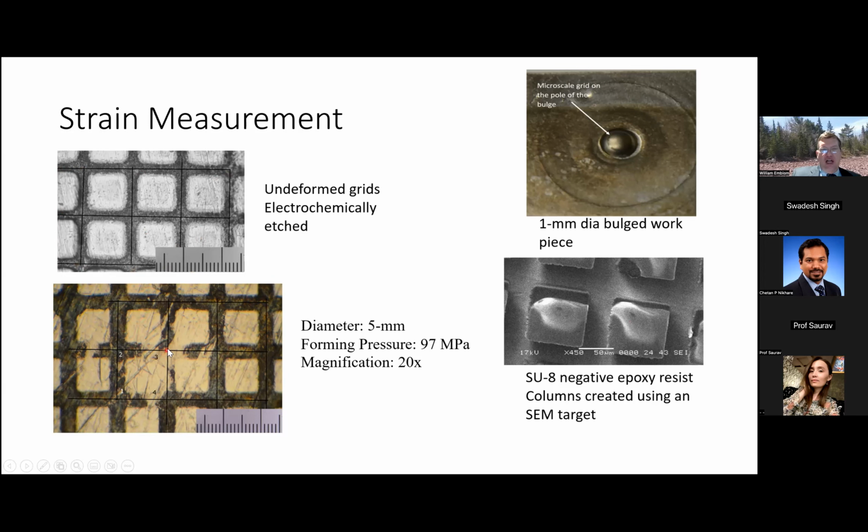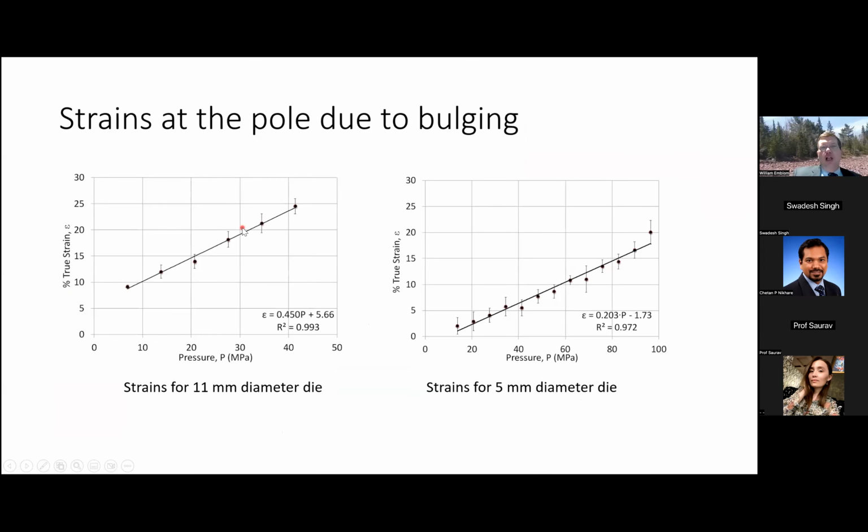Here's what the grid at the pole looked like after hydroforming. These scales are correct, but I chopped the figures so that they wouldn't be quite so big, and we measured what the strains were in these sections. So looking at the strains at the pole, for the circular die, is where we're going to find the material properties.